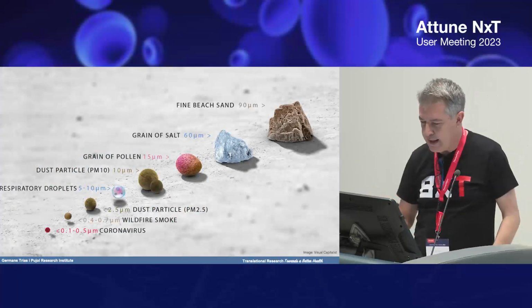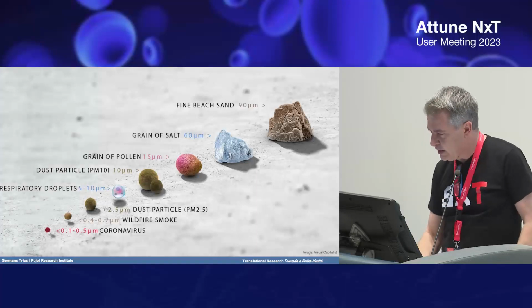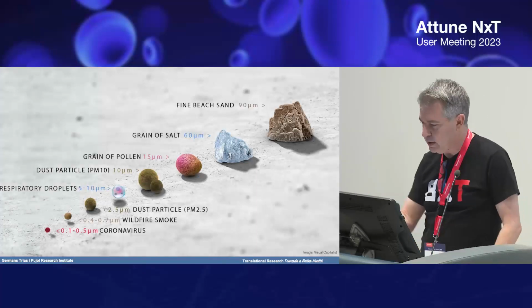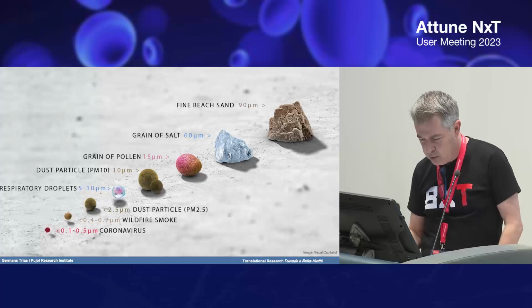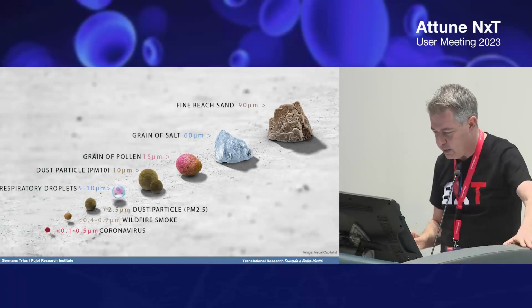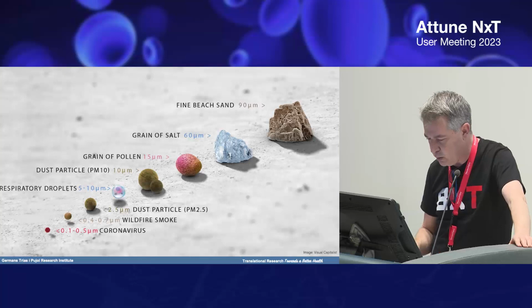Of course, we are moving to the nanoparticles. Just to show you these comparisons, during the pandemic, we were also measuring the coronavirus, and we were very successful identifying this tiny virus on the NxT.